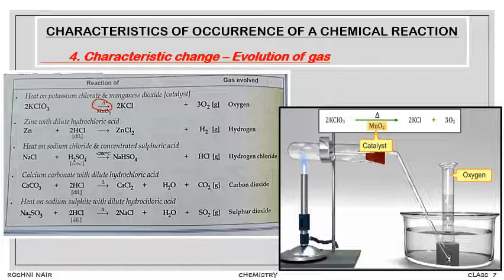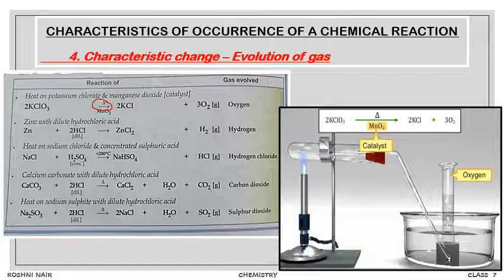We are getting sodium chloride, NaCl, plus H2O plus sulfur dioxide in the form of gas. So the gas evolved is different based on the product, right? Based on the reactants which are reacting, the products have different gases which are evolved.